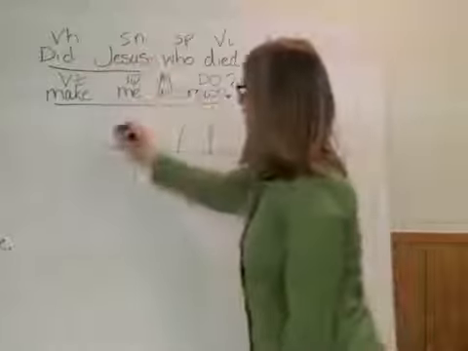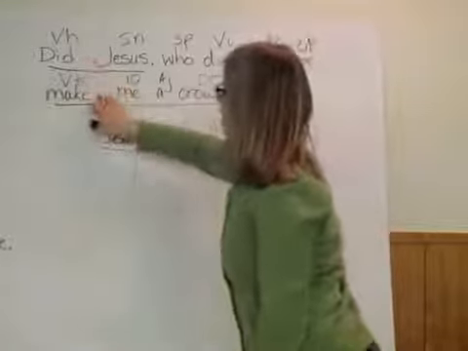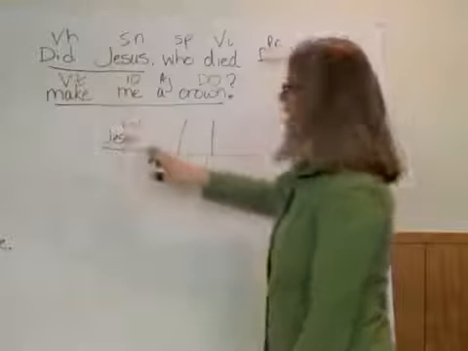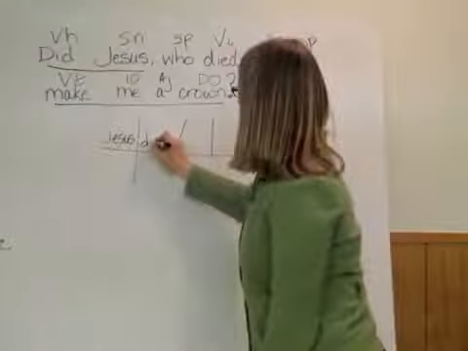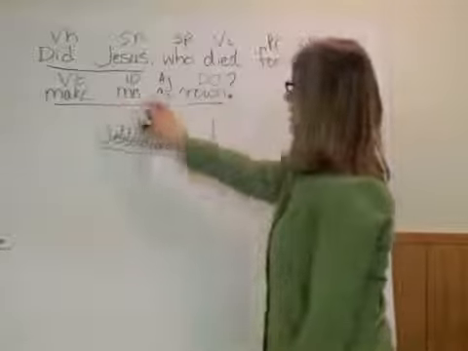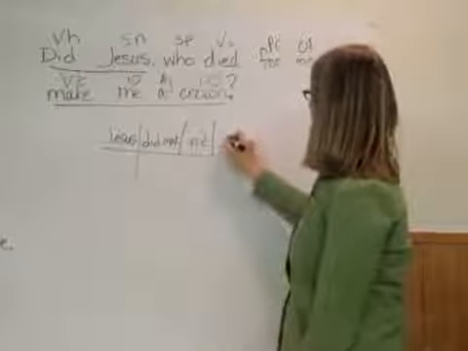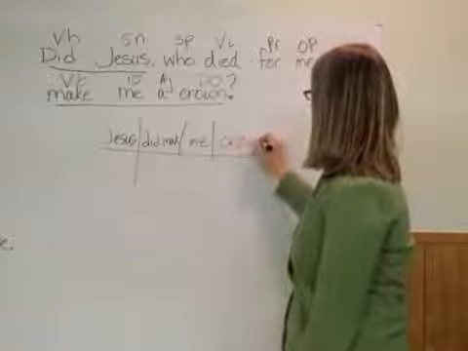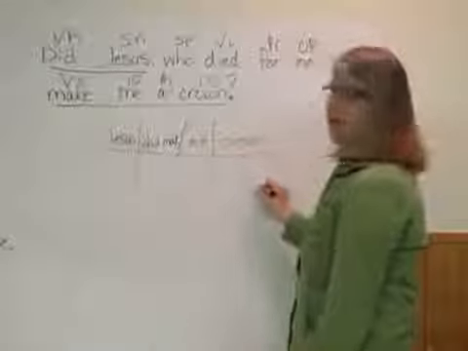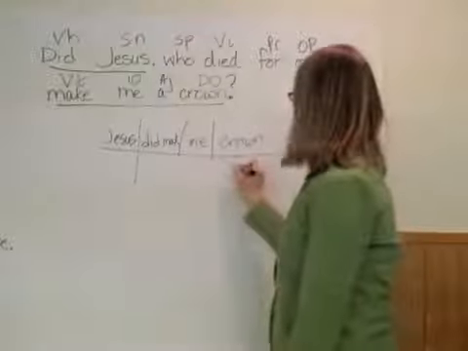So, subject now, Jesus. Did make, your helping verb and your verb transitive go together. Me, indirect object. Crown, direct object. And your adjectives always go on a slanted line under the word they are modifying.